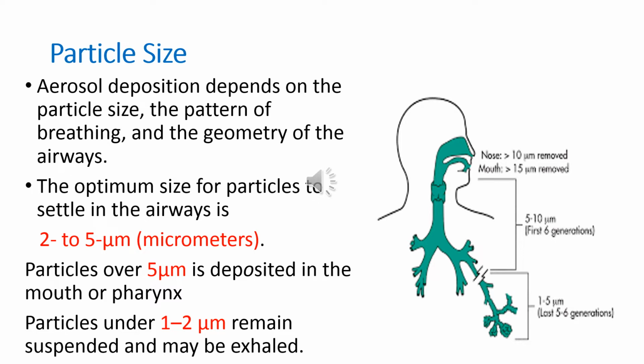Aerosol deposition depends on the particle size, the pattern of breathing, and the geometry of the airways. The optimum size for particles to settle in the airways is 2 to 5 micrometers. Particles over 5 are deposited in the mouth or pharynx. Particles under 1 or 2 micrometers remain suspended and may be exhaled.